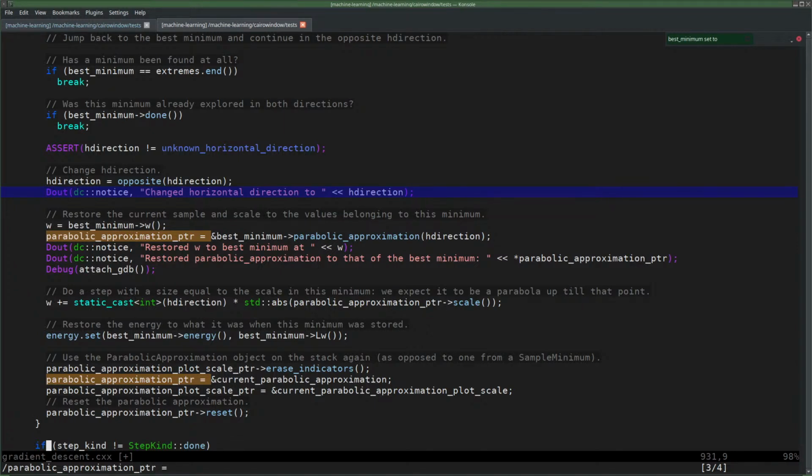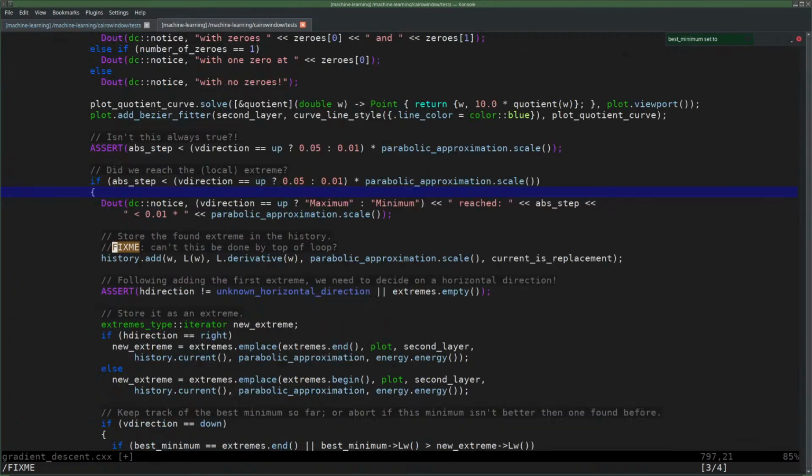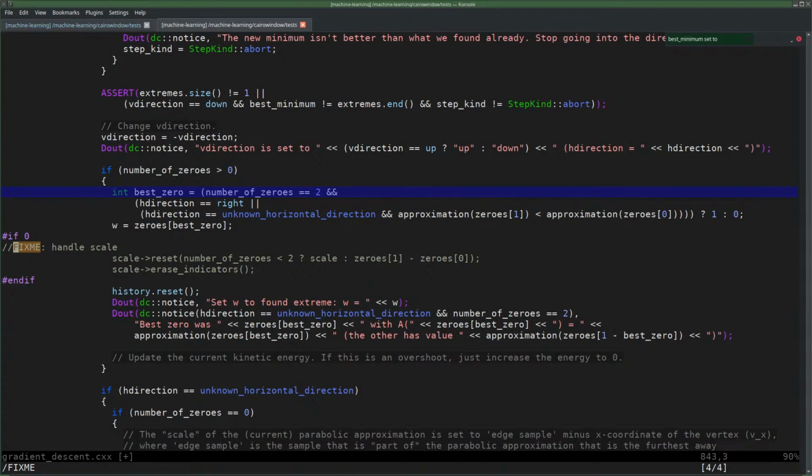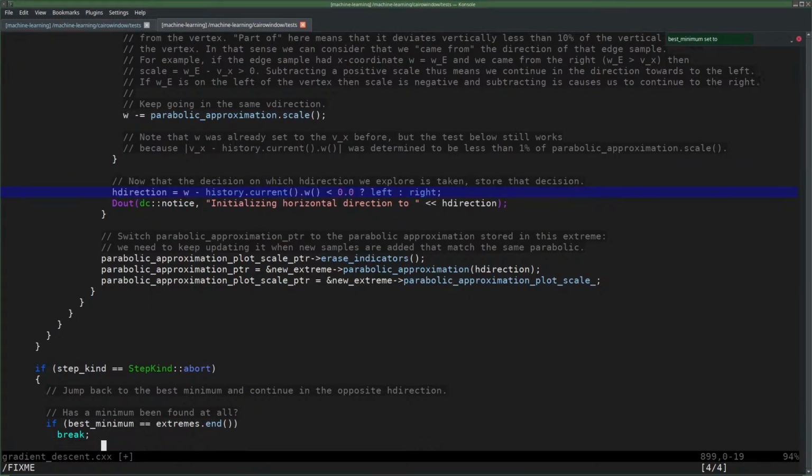Then I'm pretty sure that at the moment we find an extreme, it's pointing to the parabolic approximation stored in that extreme. So here we did find an extreme, therefore it must be pointing to that place. So I can store it to the extreme, yeah.